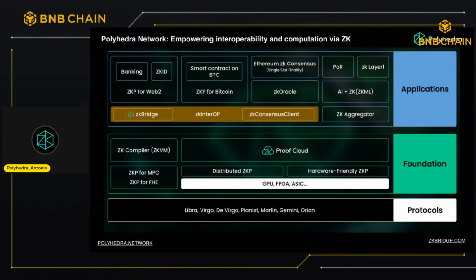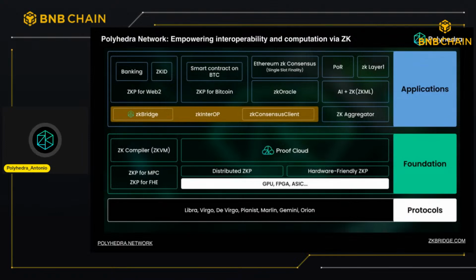Then on the protocols, we build what we call a foundation for ZK products and applications. These include a ZK compiler, which I will present later. Then it includes Proof Cloud, which is a cloud service that helps you to generate proofs, cut your cost, and deploy provers more easily.